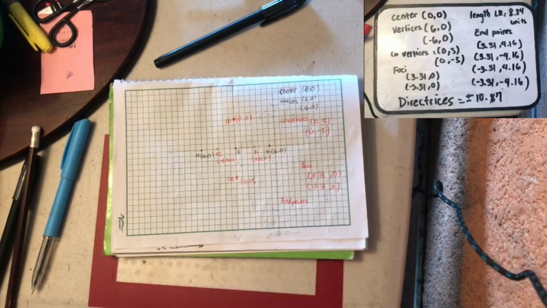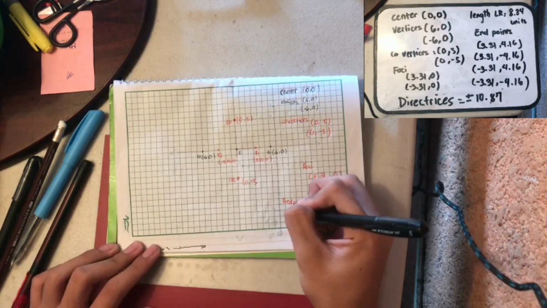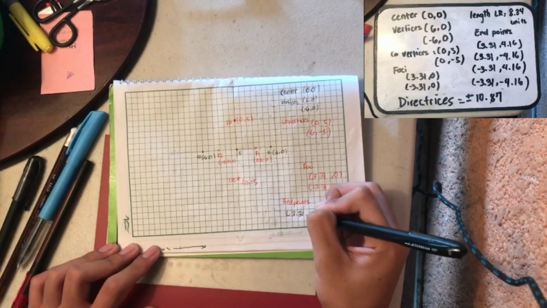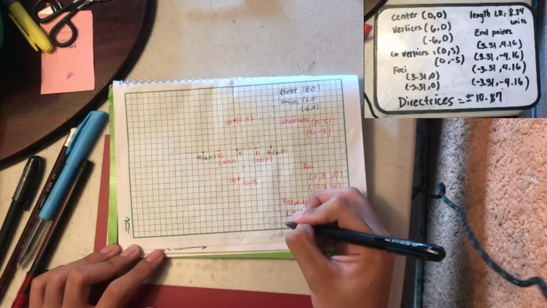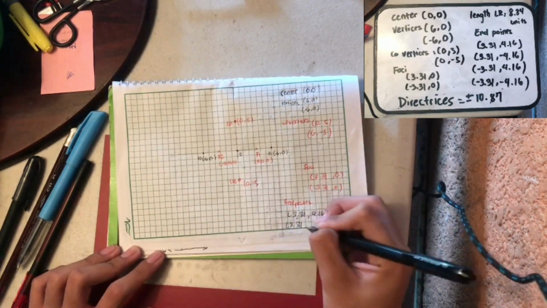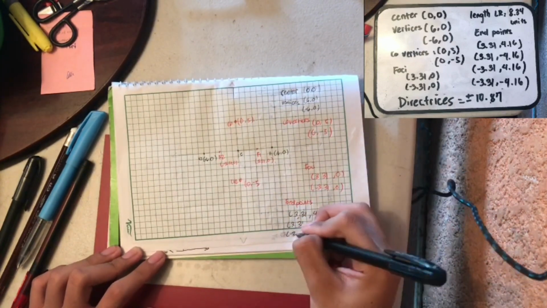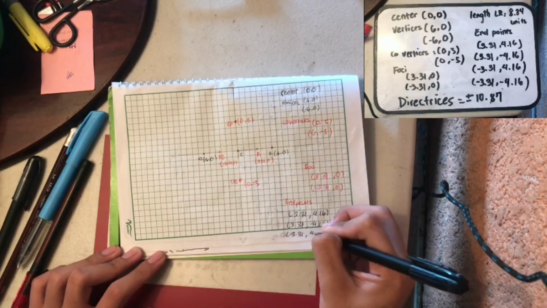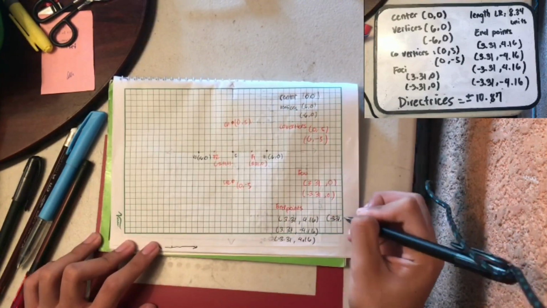Now, we proceed to the endpoints of the ellipse, which is 3.31 and positive 4.16, 3.31 and negative 4.16, negative 3.31 and positive 4.16, and negative 3.31 and negative 4.16.